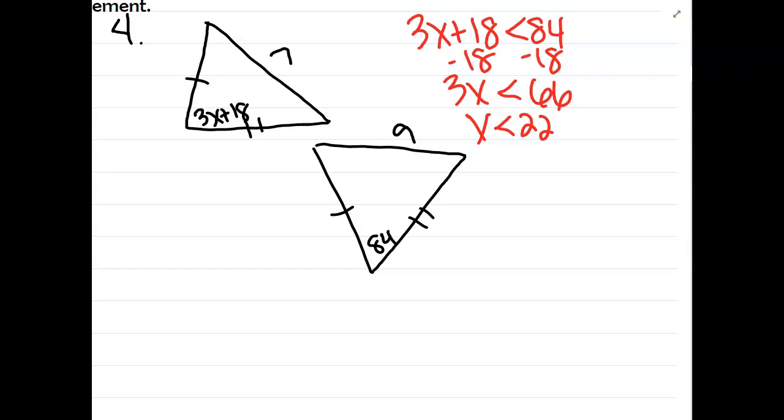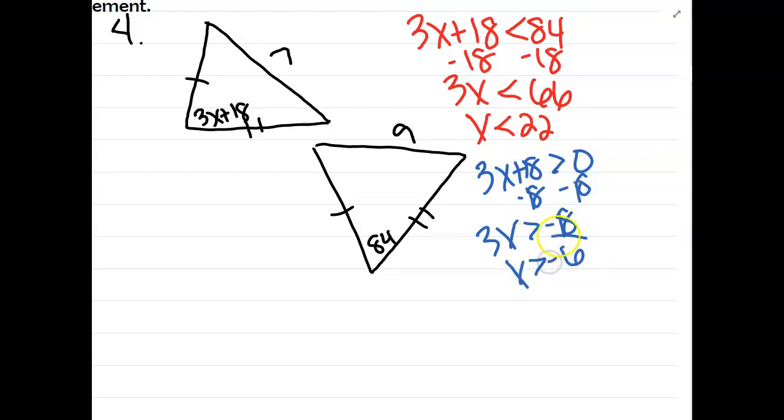What else do I need to find? The minimum value. Because I know that 3x plus 18 has to be bigger than 0. So if I subtract 18, 3x is greater than negative 18, so x is going to be greater than negative 6.